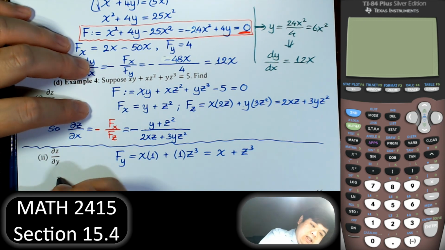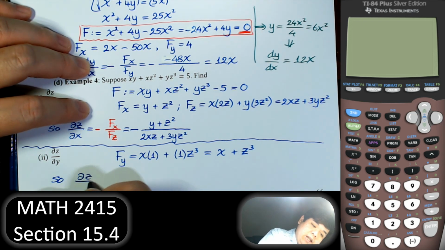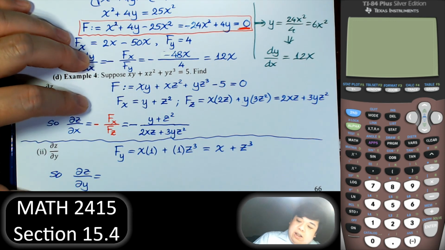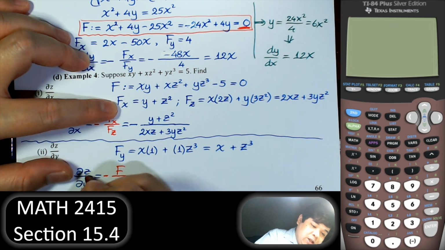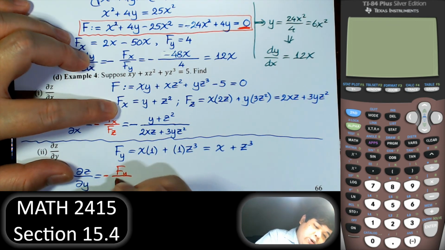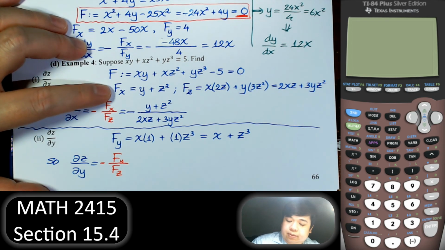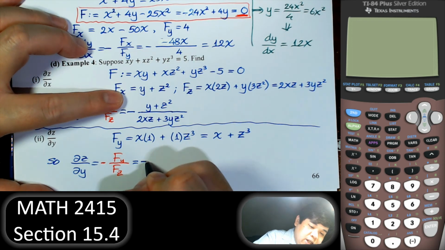And finally, derivative of z with respect to y will be negative, and we switch z over y, we have y over z. So this is negative.